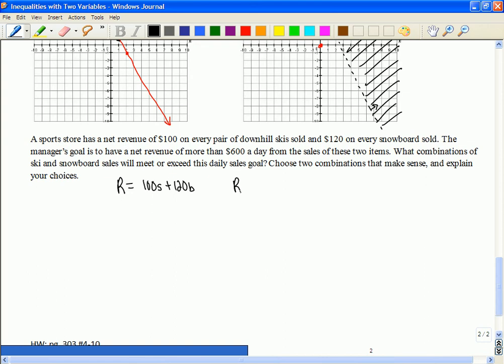And it tells us that the manager wants to make sure that we make more than $600 a day. So what I'm going to do is take those two pieces of information and combine them.